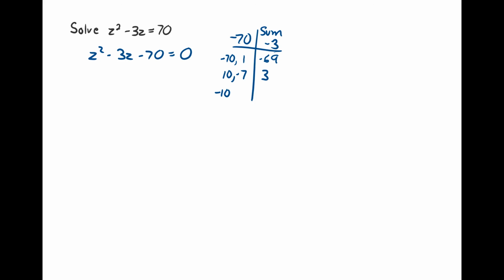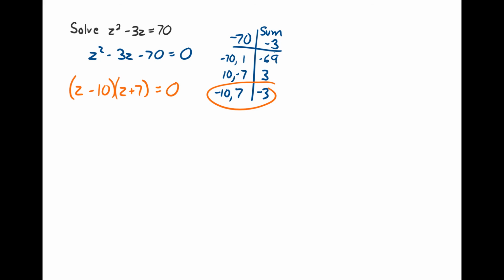So let me flip that around. Negative 10 and positive 7. That gives me negative 3. Looks like I have found the two numbers that multiply to negative 70 but add to negative 3. So I can factor this as z minus 10 times z plus 7, where the negative 10 and 7 are those two numbers I found.